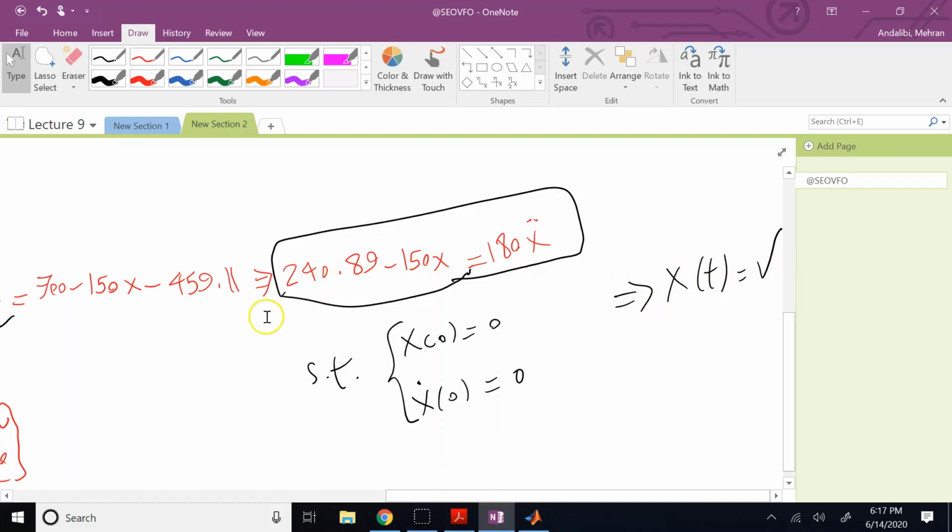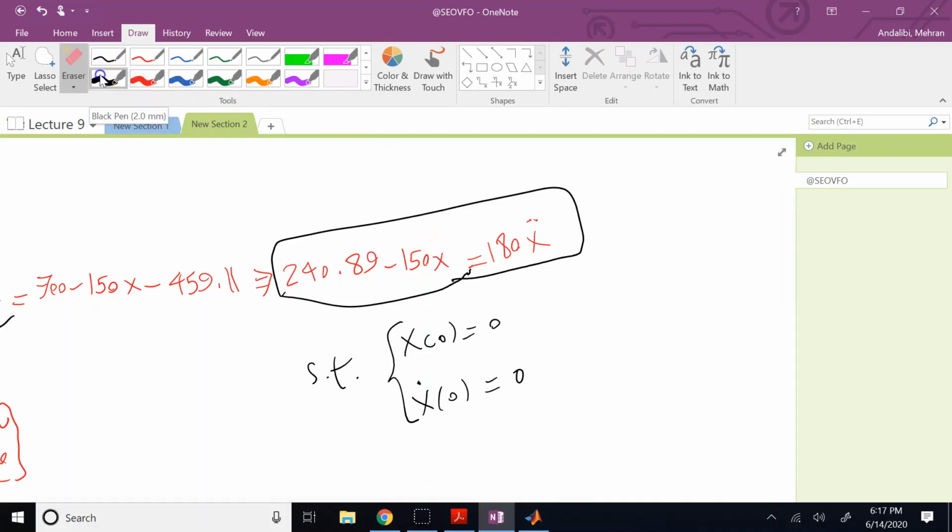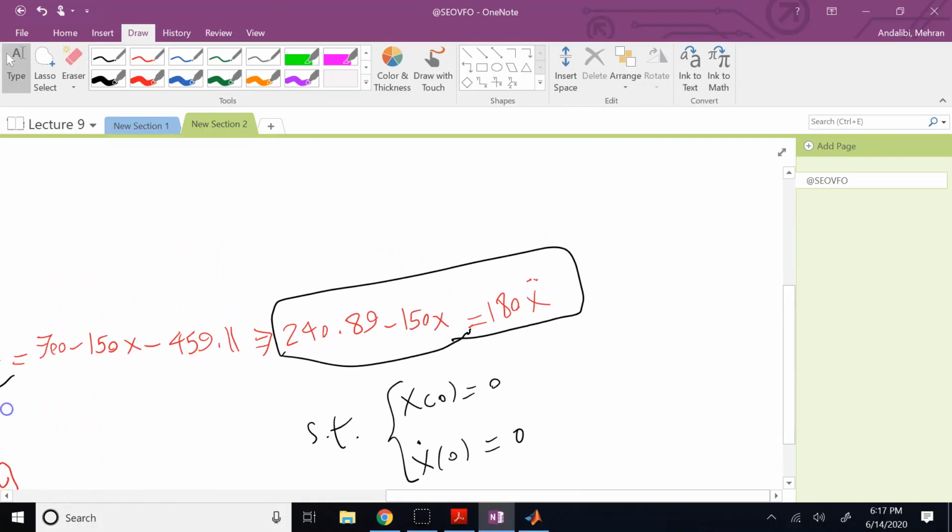But nobody here cares about time, so you might wonder, why should I even find x of t if nobody cares about time? And you're right. If nobody wants your time, then you should not include time. So what format do you convert this to? Time-independent formats. How? By writing x double dot, which is d of x dot over dt.